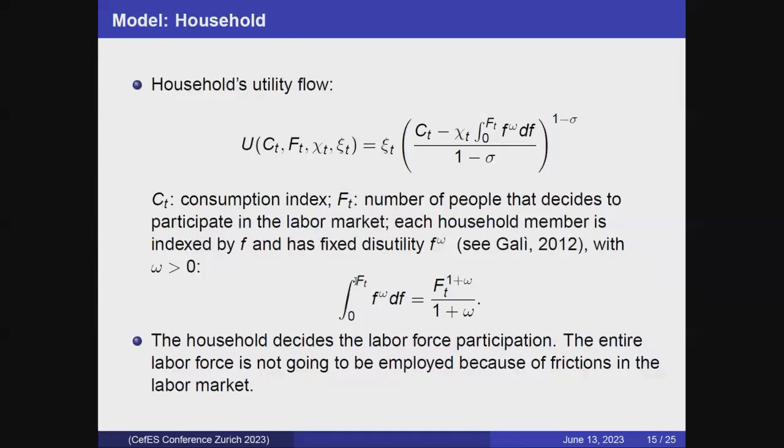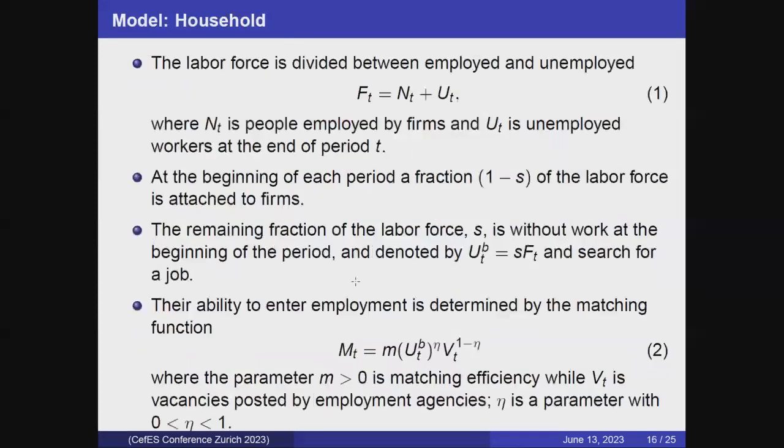But as in a model in which there are frictions in the labor market, not all the labor force is going to be employed because of those frictions. Okay, so there are some employed, N_t, and unemployed. This is going to be at the end of the day.